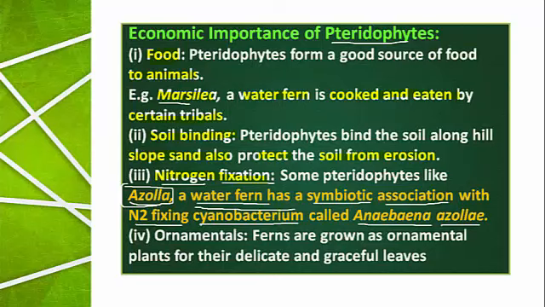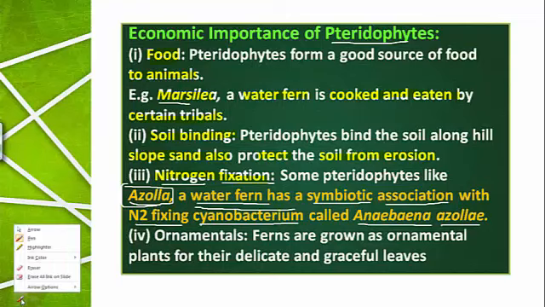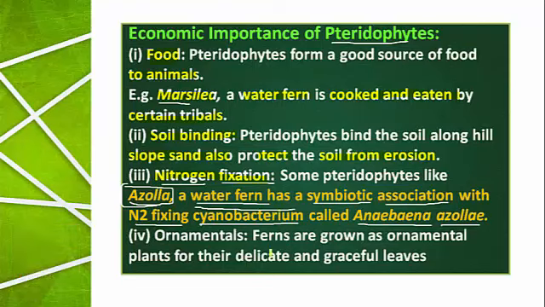Then moving to the next one, ornamentals. Ferns are grown as ornamental plants for their delicate and graceful leaves. Among the pteridophytes, more attractive leaves are present in the ferns. They show various shapes and their structure is very attractive, so pteridophytes are even used for the purpose of ornamentation, that is, for gardening.